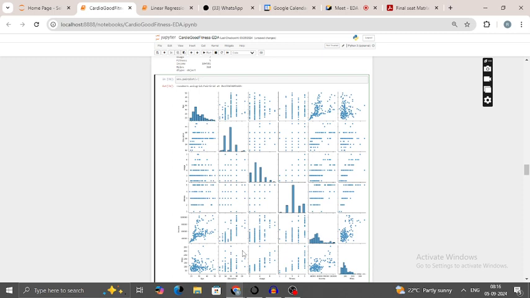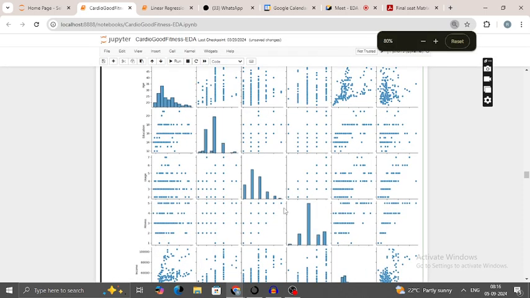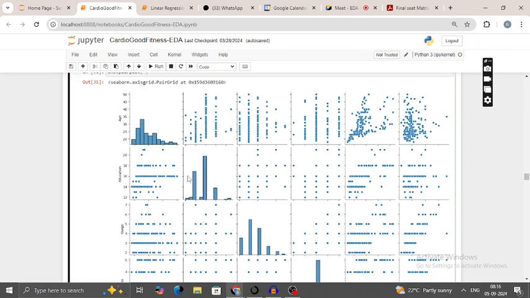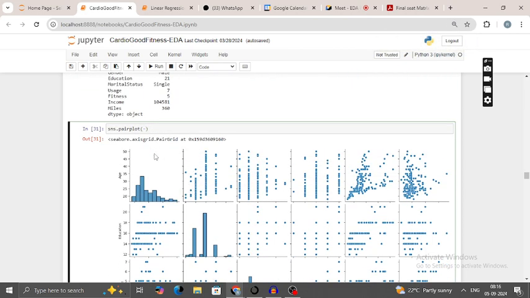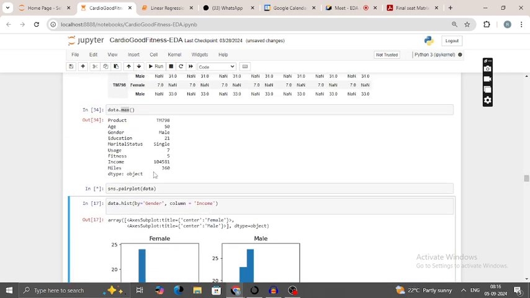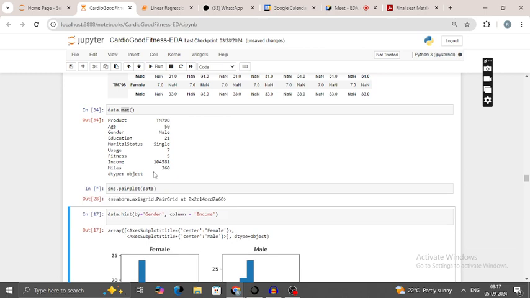So possibilities are there. You can get all types of graphs in one shot. This option you don't have in Power BI. This pair plot option you don't have in advanced Excel. Is there any option where all plots can be plotted at once?